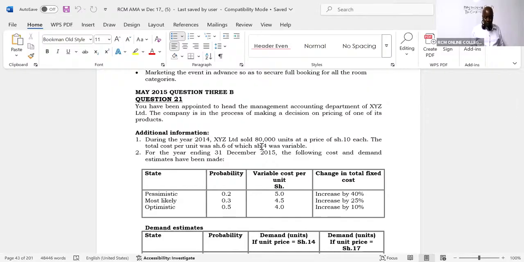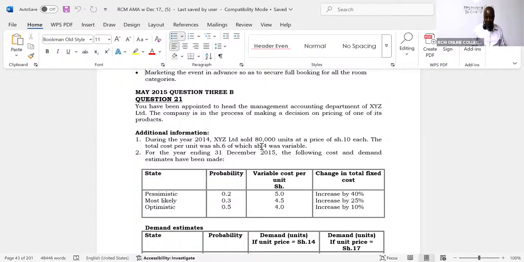So a good student should be able to use the current output to give us total fixed cost. Can somebody see the total fixed cost from note number 1? They have given me the total cost per unit, which is 6, and then 4 is variable, so meaning that fixed is 2.